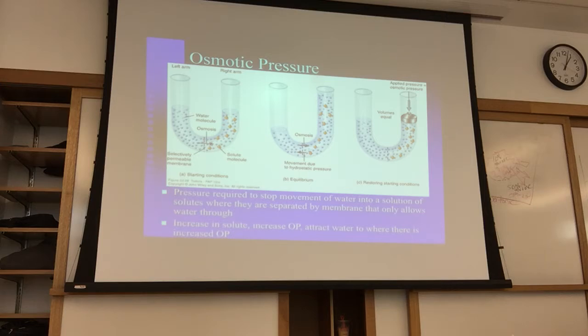Right? We want them to have the same concentration, 0.9% sodium chloride on both sides of the cell. So if I have 0.9% sodium chloride on the inside of the cell here, and 100% water here, water is going to move in, and the cell's going to swell up.